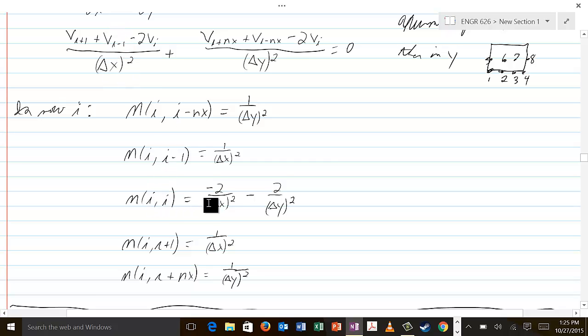M of I would be minus 2 over delta x squared minus 2 over delta y squared, and here's the minus 2 over delta x squared, and here's the minus 2 over delta y squared. M of I plus 1 would be 1 over delta x squared because of this term. And finally, M of I plus nx would be 1 over delta y squared because of this term right here.